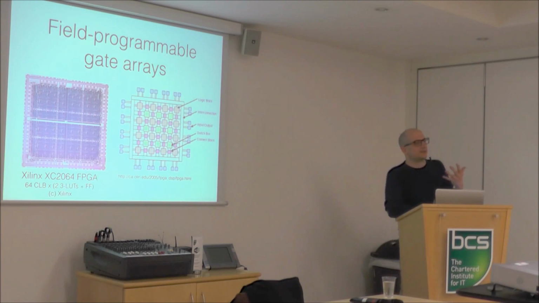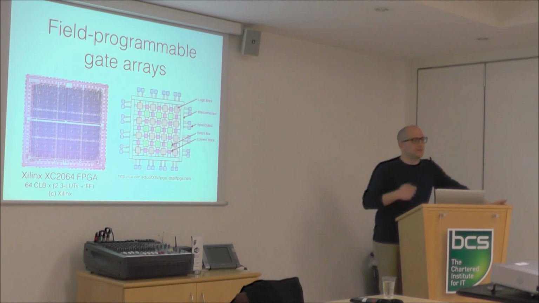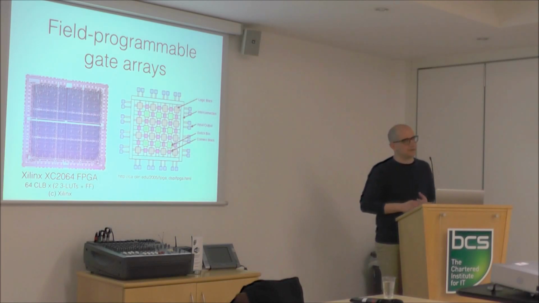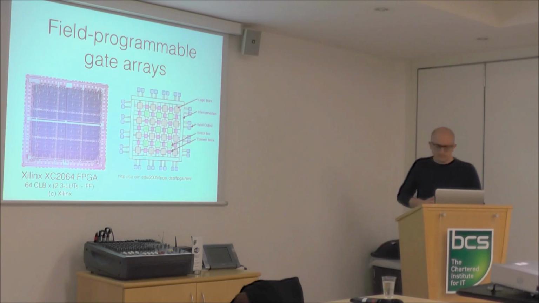So you have a fabric that allows you to wire together the configurable logic blocks and the memory to generate the circuit that you've designed, right? So you can look at an FPGA as a substrate that is a configurable circuit plus memory, right? So you can have combinational as well as sequential logic encoded there.